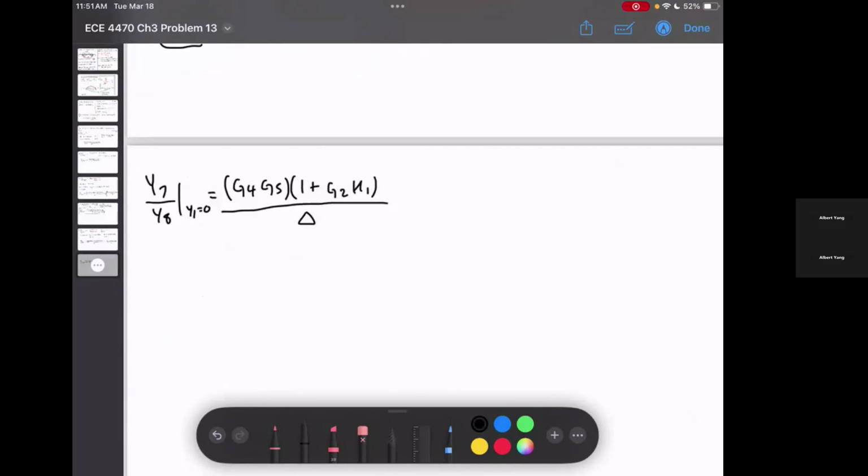Now we take this and we divide it by the y4 over y8.